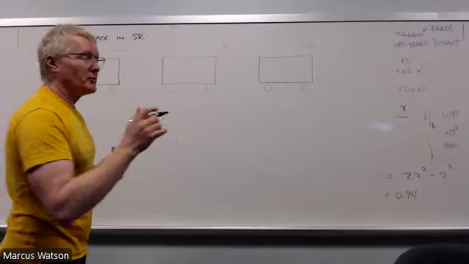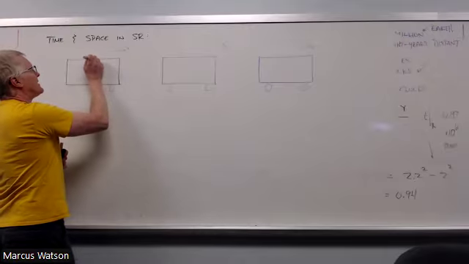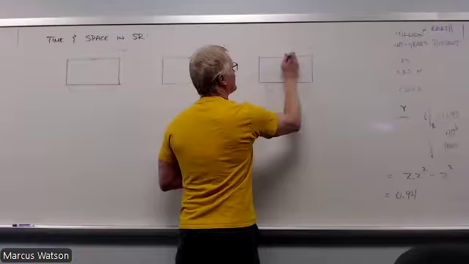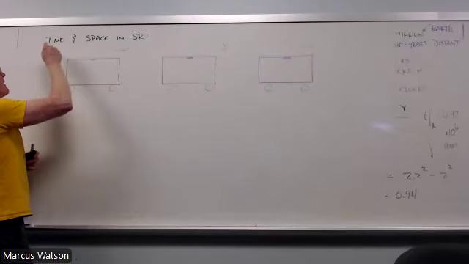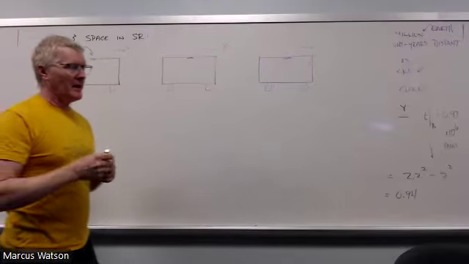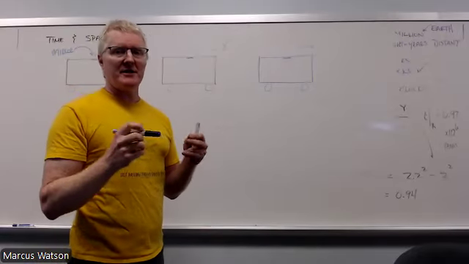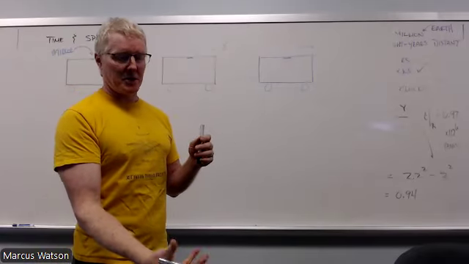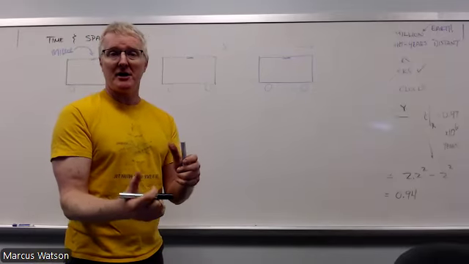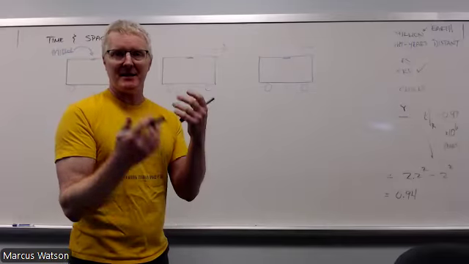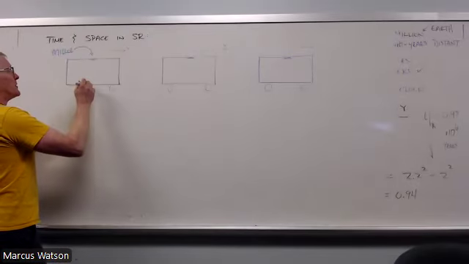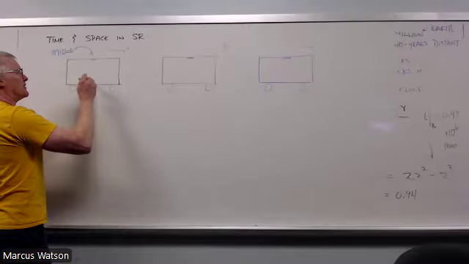The train car has a mirror right in the very center of it on the top of the ceiling. That is a mirror. And I'm going to install a very simple device on the bottom of the train car right below the mirror, and that is just a simple light bulb that can be pulsed on and off, and something that will detect the light as it bounces off the mirror and comes straight back down.